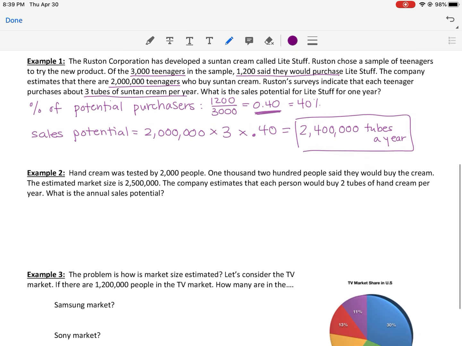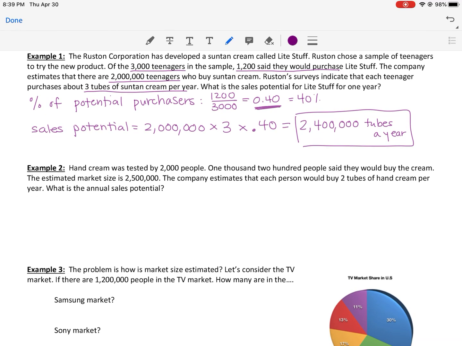Let's look at example 2. Hand cream was tested by 2,000 people. 1,200 people said they would buy the cream. So that will help us with our percent of potential buyers. We'll do that in a second. The estimated market size is 2,500,000, and the company estimates they would buy two tubes of hand cream per year.